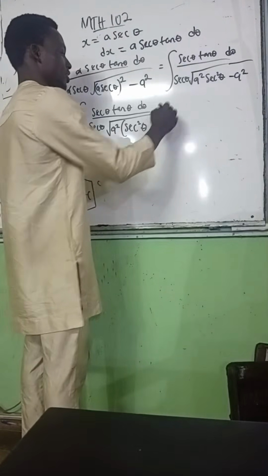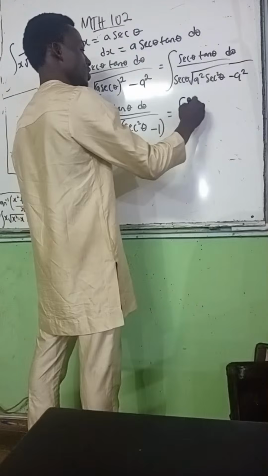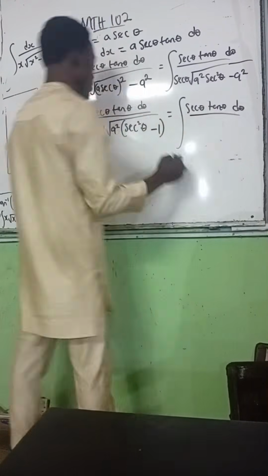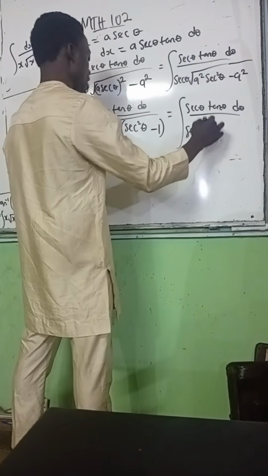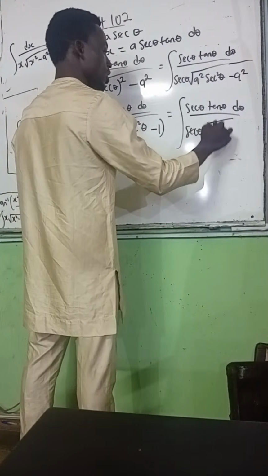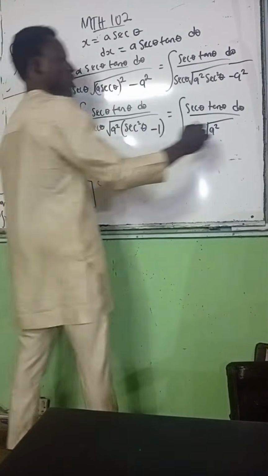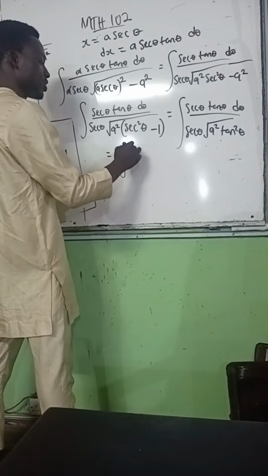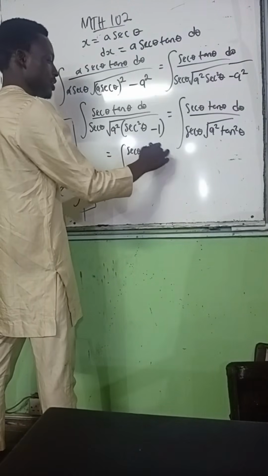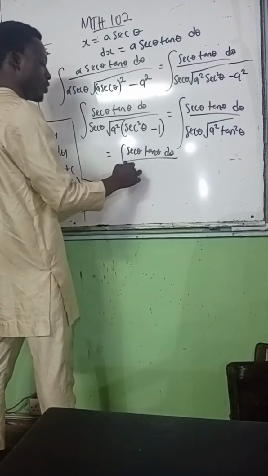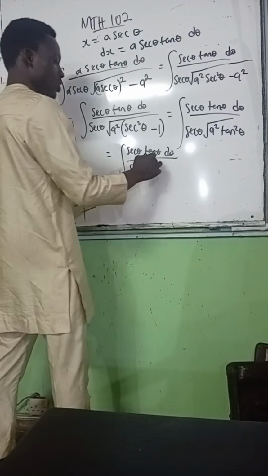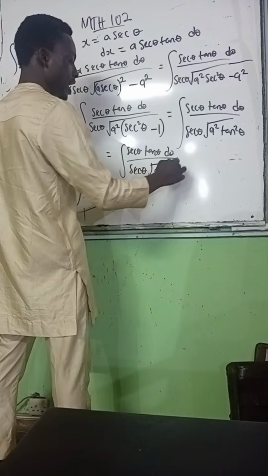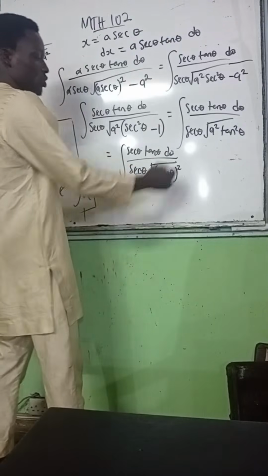Minus 1, equals the integral of sec theta tan theta d theta divided by sec theta root of a squared times sec squared theta minus 1. That is tan squared theta. So the integral of sec theta tan theta d theta divided by sec theta root of a tan theta all squared. The square cancels the root.